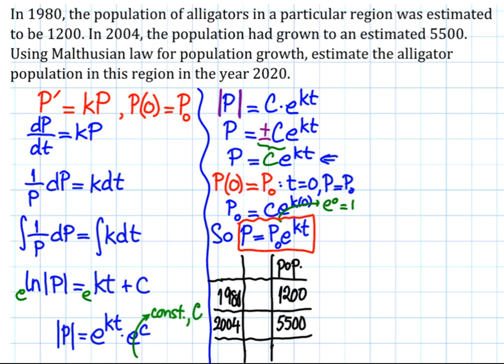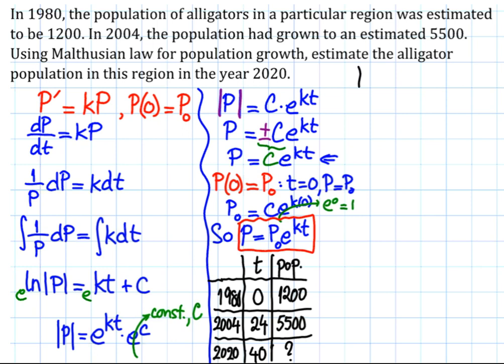And in 2020, we don't know what the population is. It will be easier if we let 1980 be 0, in which case 2004 is going to be 24, and 2020 is 40 years after 1980.